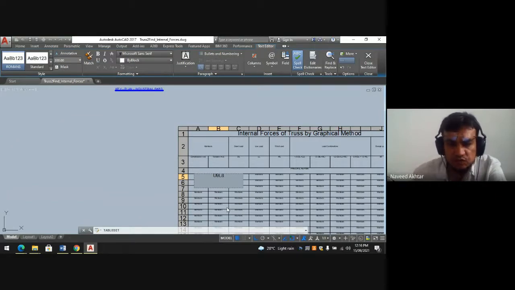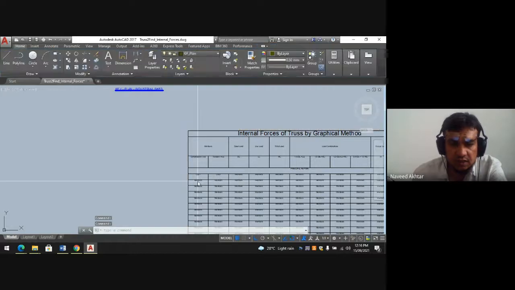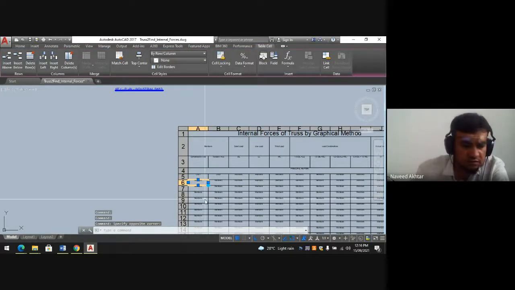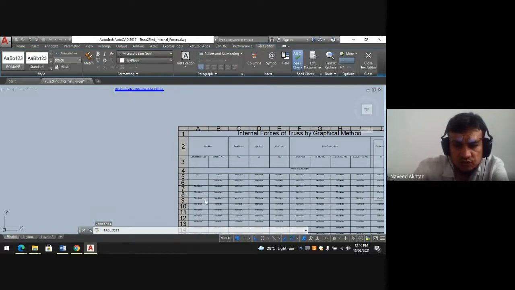Symmetricity is there. Okay. Second, U1 U2 is same as U8 U9.